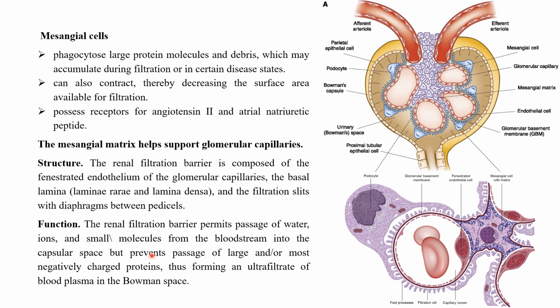The renal filtration barrier is composed of the fenestrated endothelium of the glomerular capillaries, the basal lamina, that means the lamina rara and lamina densa, and the filtration slits with diaphragms between the pedicels.